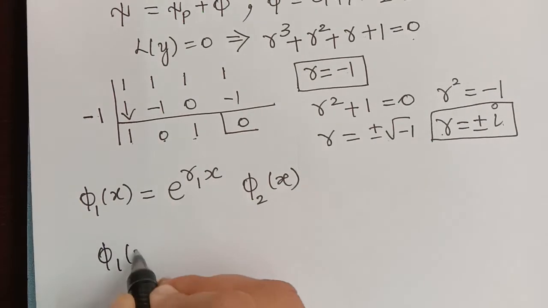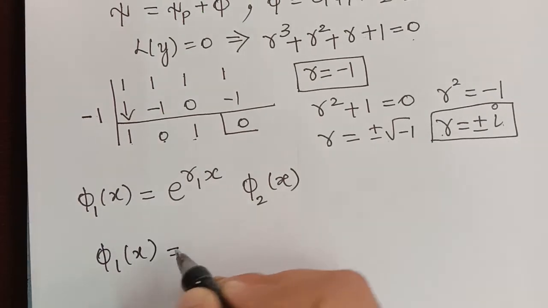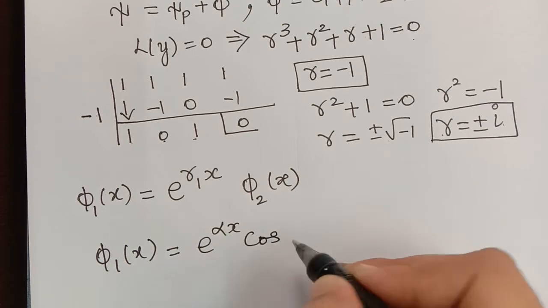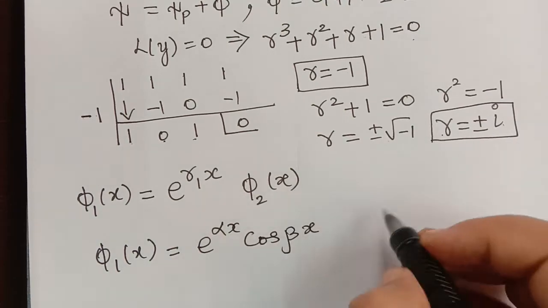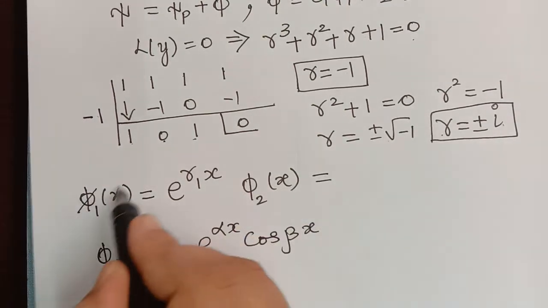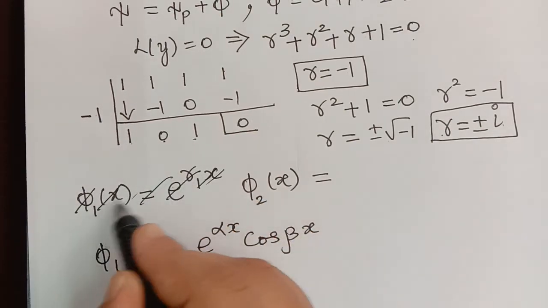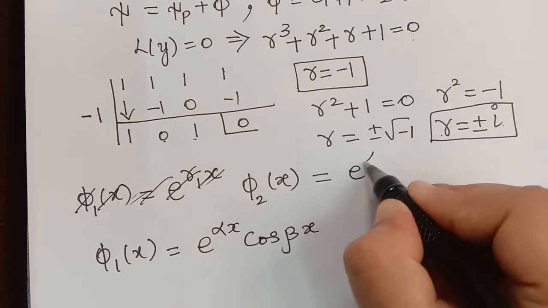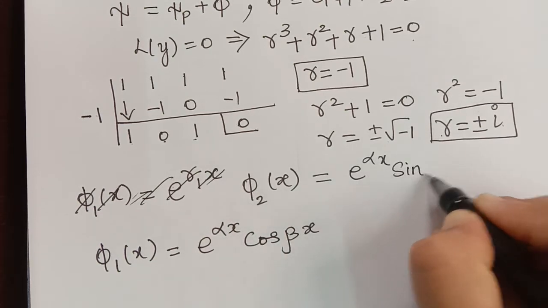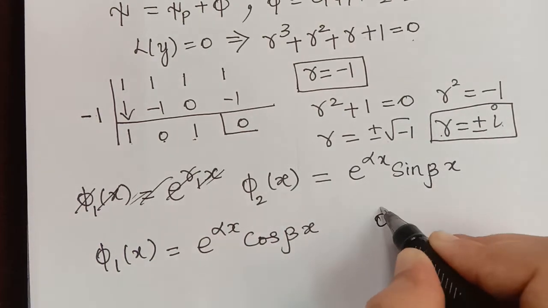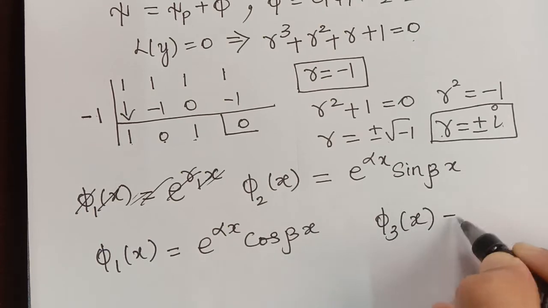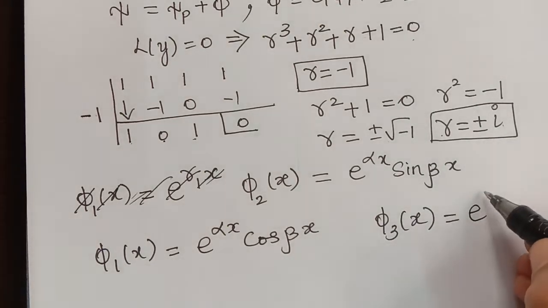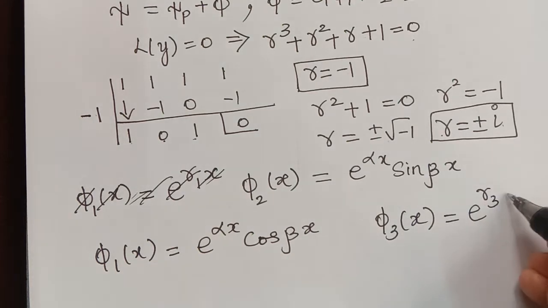Phi 1 of x will be e power alpha x cos beta x. I will strike off the earlier form because the roots are imaginary. Phi 2 of x will be e power alpha x sin beta x, and phi 3 of x will be e power r3 x, where we have the third root.